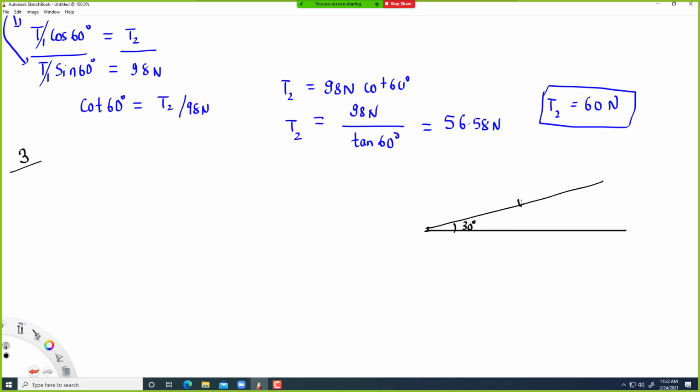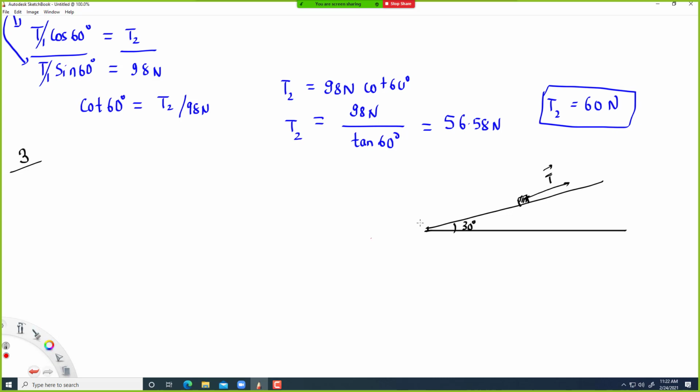An object is being pulled up. So that's the object, and you're pulling the object with a rope, so that means there is a tension applied to the rope. That's the first force.